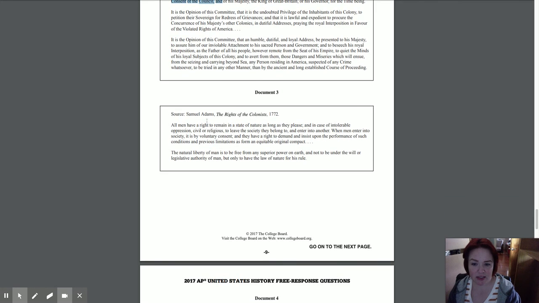Document 3, Sam Adams. That name should be familiar to you, I would hope. And it's talking about the rights of colonists in 1772. The significance is he's talking about rights of colonists, and you know that Sam Adams is fairly radical, much more so than his brother. And we're approaching the date of the Declaration of Independence in 1772. So we've progressed a little bit in our ideas about independence.